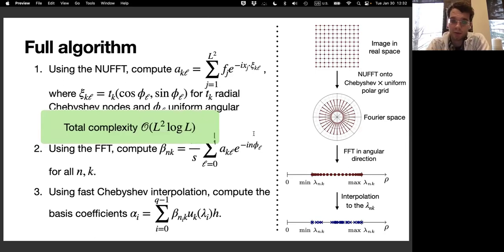So we end up with complexity of the order of L squared log L, and it approximates this operator B star. So I think that's actually all I wanted to say about the algorithm itself. I do have some computational results on the next slide, unless there are any questions.